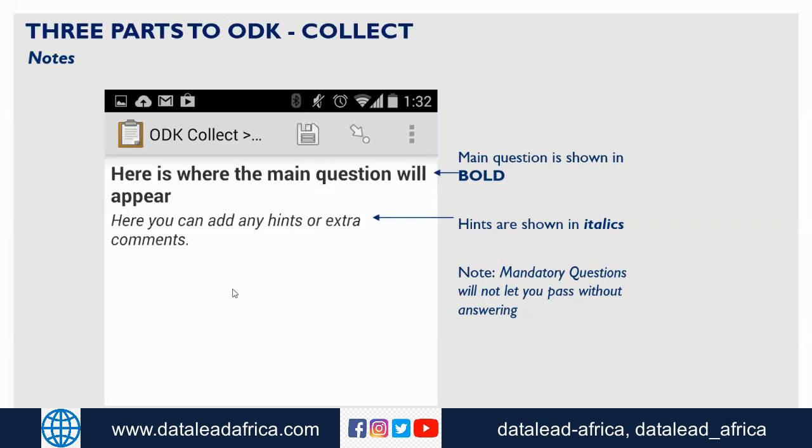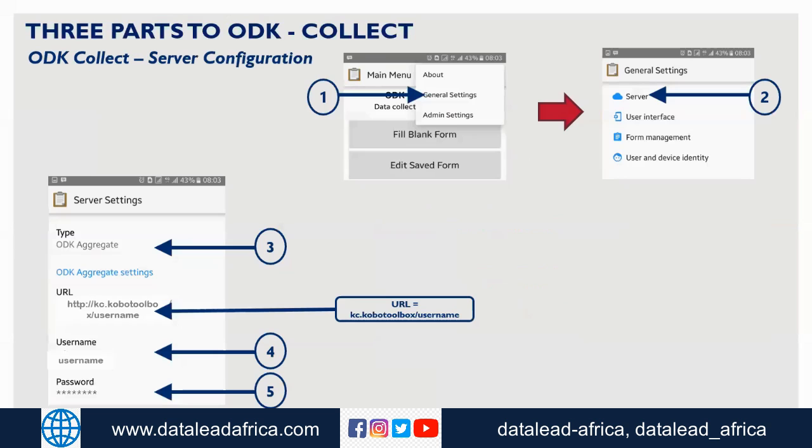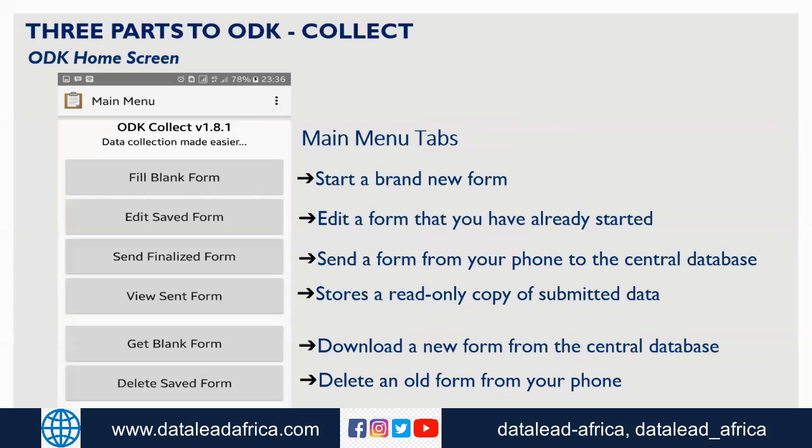You just use the back option in your phone. Just click back until you are on this form interface like this. Then you select get blank form. Okay. Let me know.